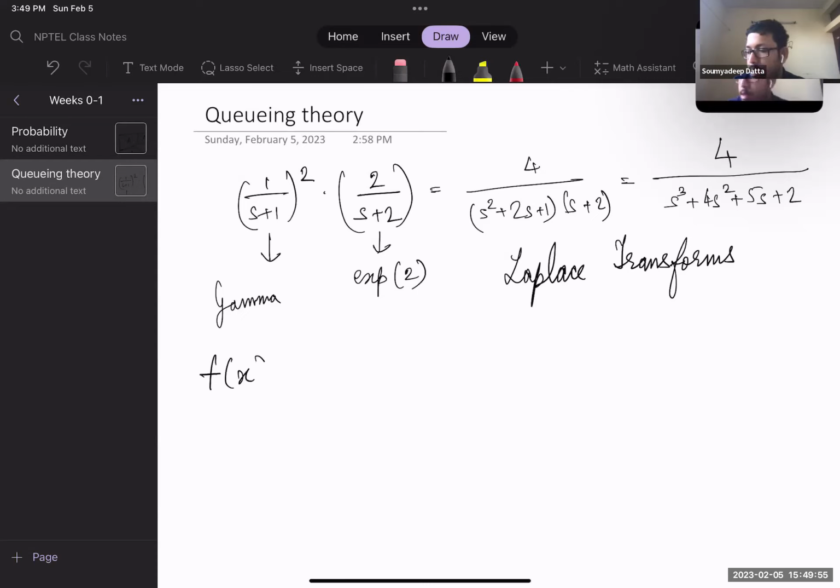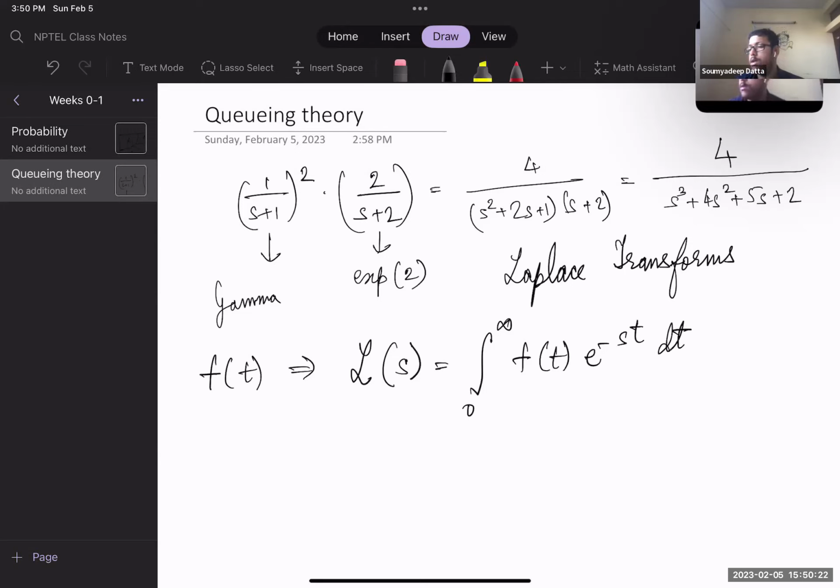The Laplace transform of this function is denoted as the integral from 0 to infinity of f of t, e to the power minus st, dt.